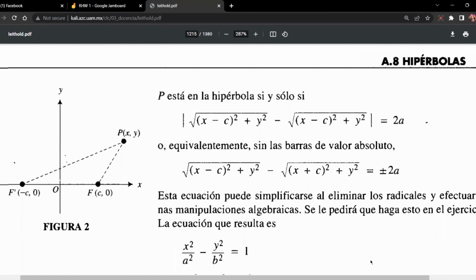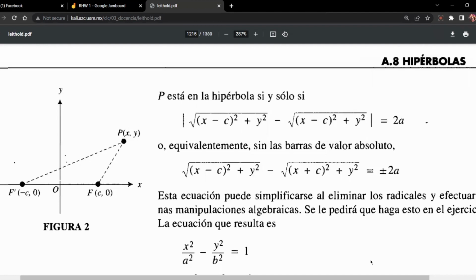So here, the constant is 2a. So ang claim, di ba, tingnan mo yung second equation. Nagpo-follow naman siya, di ba, sa pag tinanggal na yung absolute value, it follows naman na plus or minus 2a.